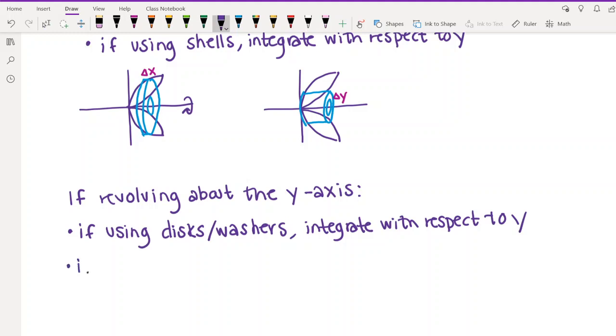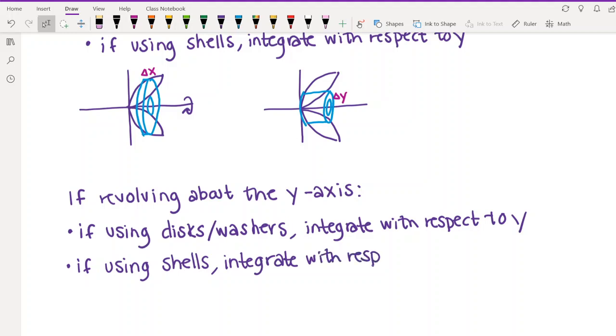And on the other hand, if you're using shells, then you're going to integrate with respect to x.